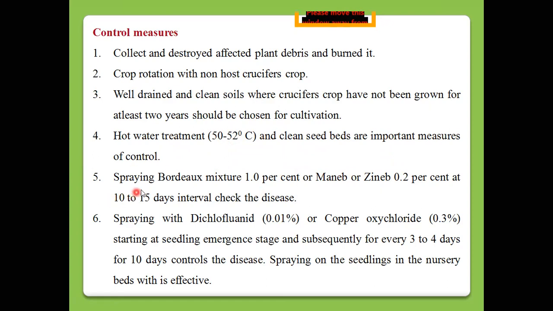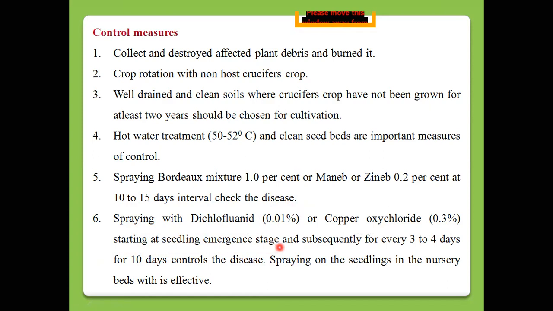Then you can apply a Borax mixture 1% or Zineb 0.2% at 10 or 15 days interval to check the disease properly, or spray copper oxychloride 0.3% starting at the seedling stage of the mustard plants.